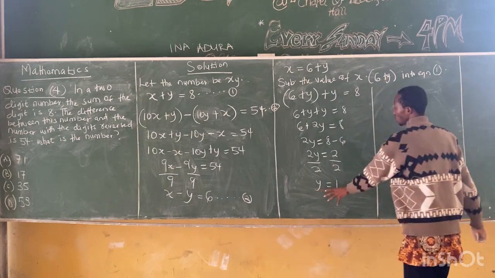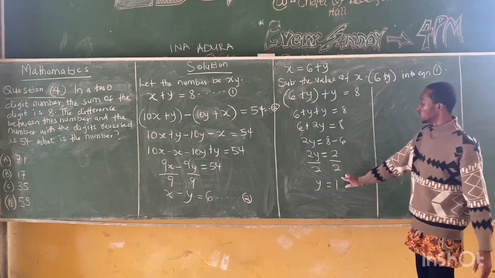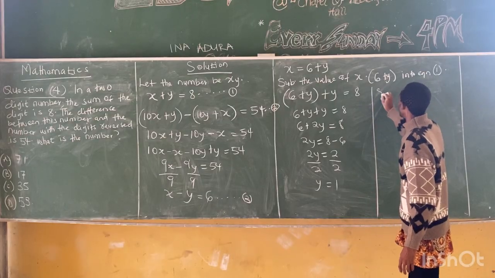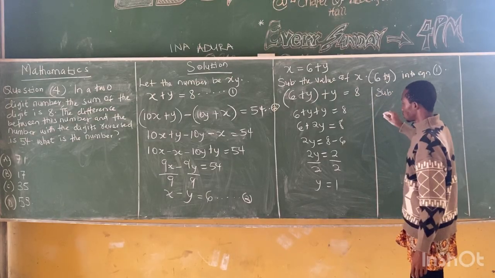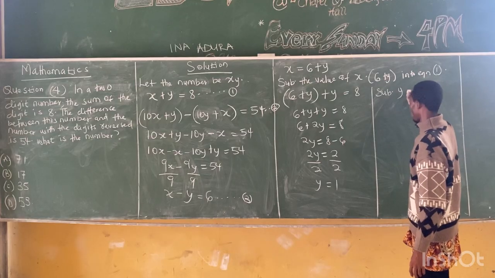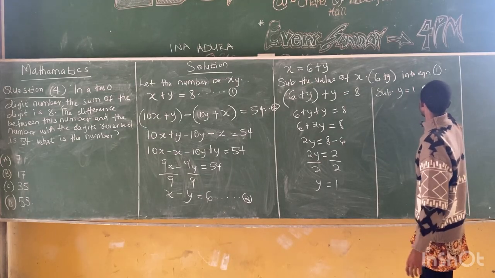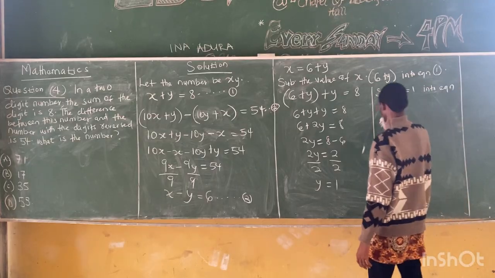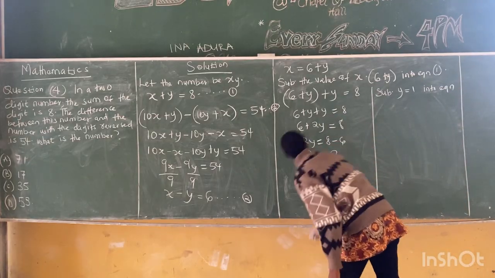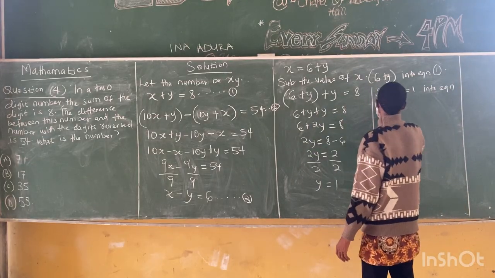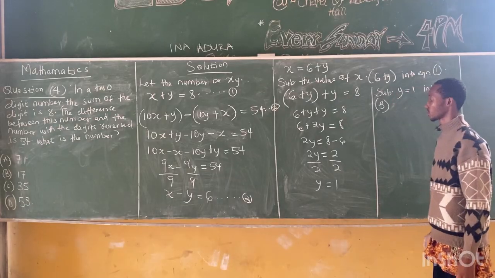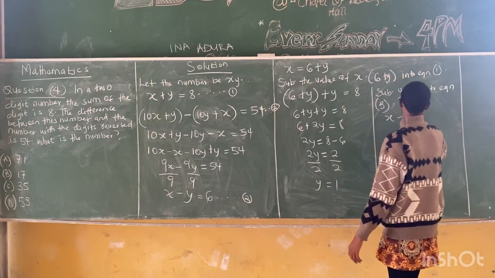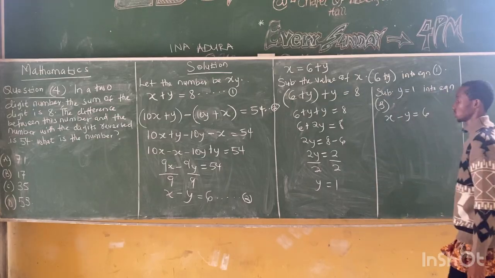Now we have gotten the value of y to be 1, we substitute this into equation 3. So we substitute y equal 1 into equation 3. This is equation 3, x minus y equal 6.